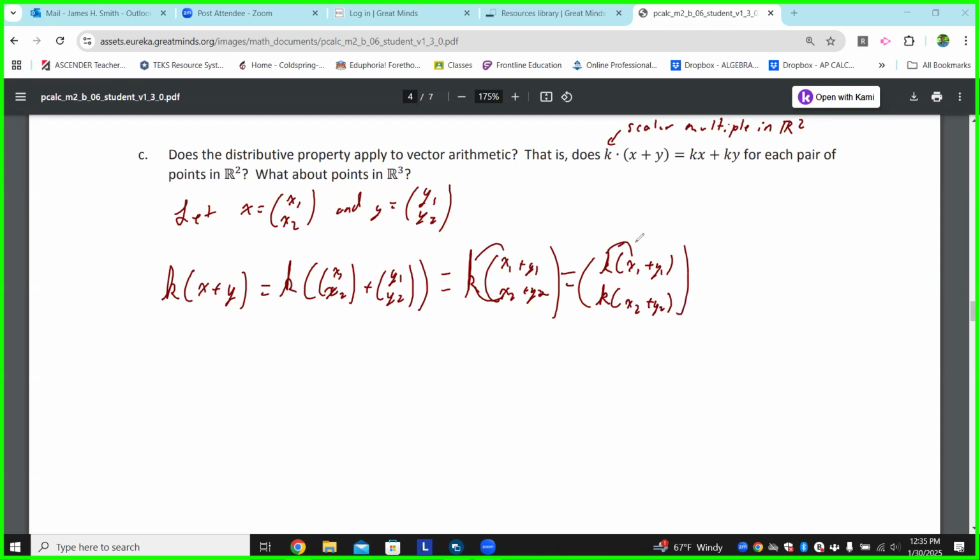Then distribute within that section, which will give me (kx1 plus ky1, kx2 plus ky2). Oh man, talking about organization. That's a y1, x2, and then k, y2. All right, so now I'm here.